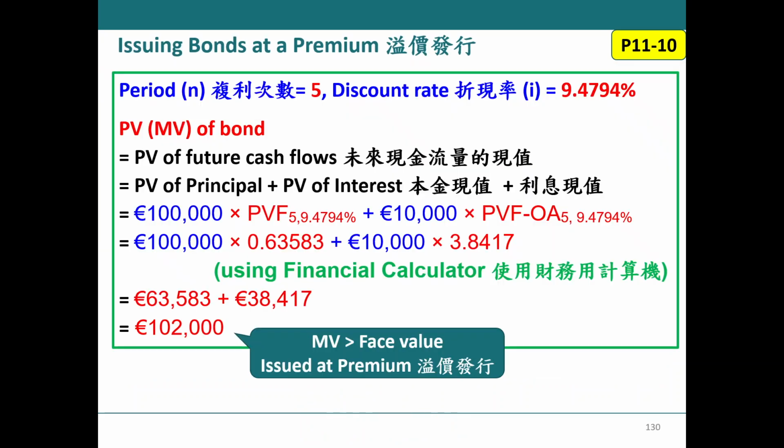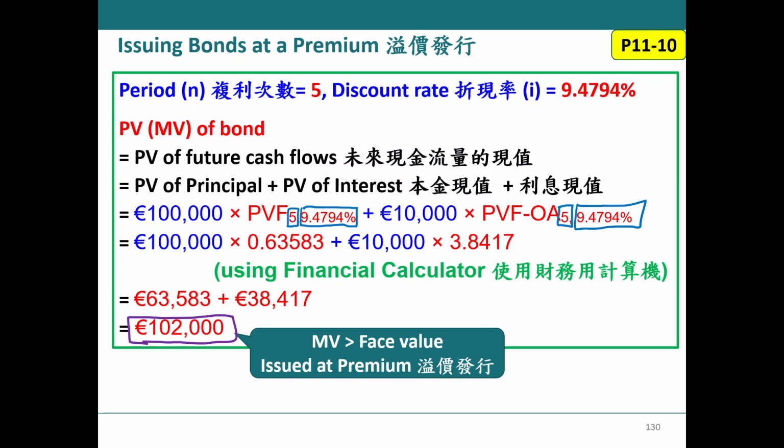Go to your slide on page 130. So what's your N? 5. What's your I? 9.4794%. So based on N 5, I 9.4794%, how much money you can borrow? Is $102,000.